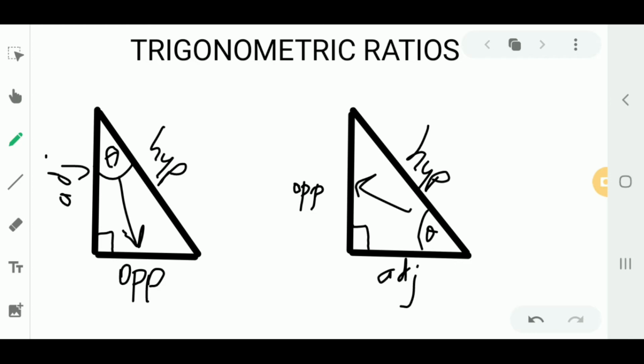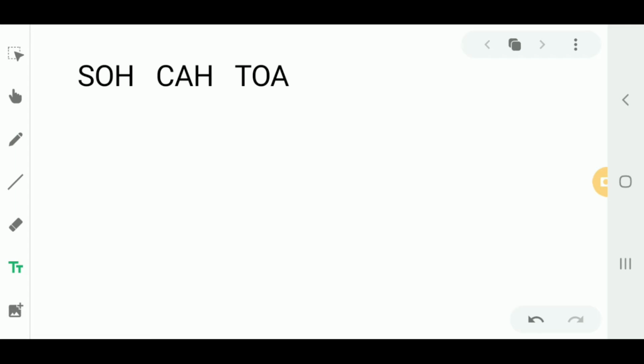So let's get started. We have this acronym that we use to help us remember the trig ratios, and we say SOHCAHTOA.